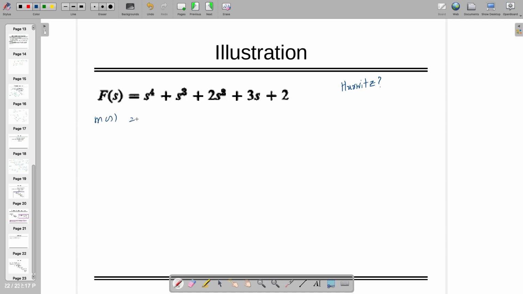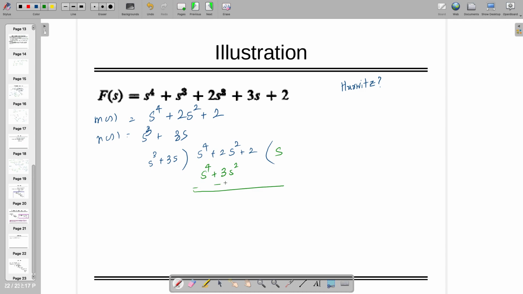So what is M of S? Right? So you can divide, right.